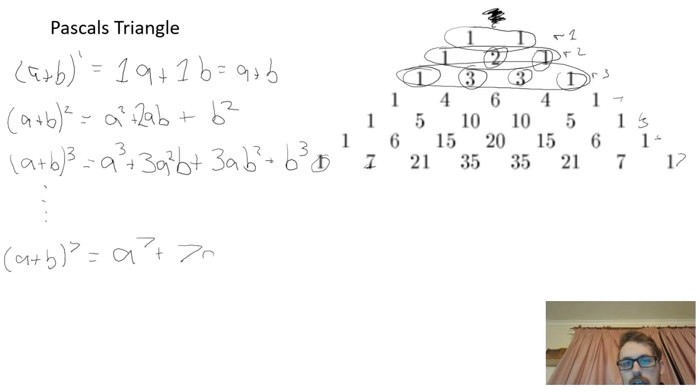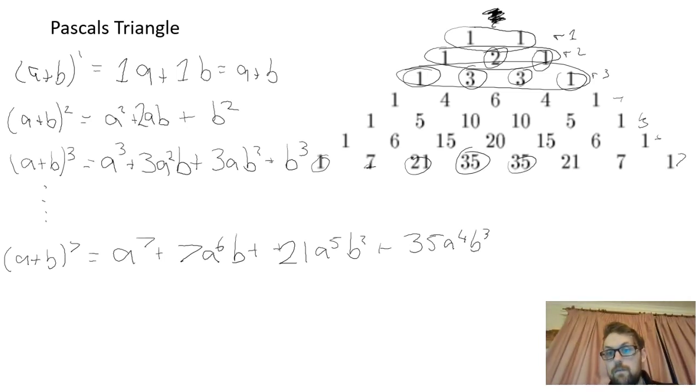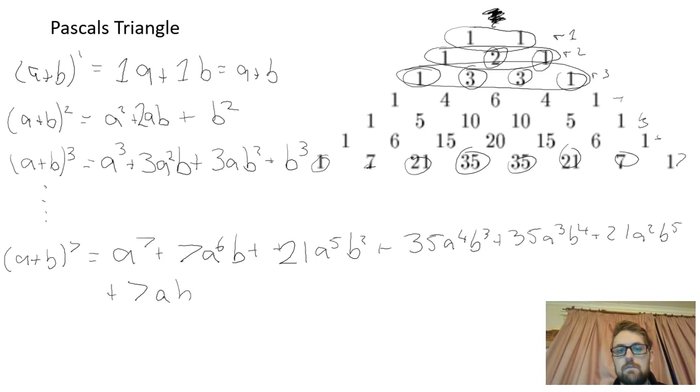So I'd have 7a to the power of 6 b, plus 21 a to the power of 5 b squared, plus 35 a to the power of 4 b cubed, and again 35, plus 35 a cubed b to the power of 4, plus 21 a squared b to the 5, plus 7 a b to the power of 6, plus b to the power of 7.